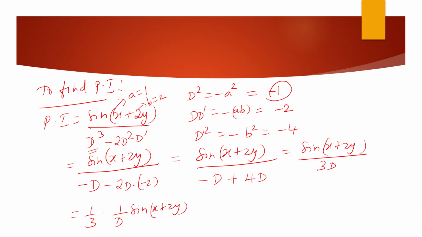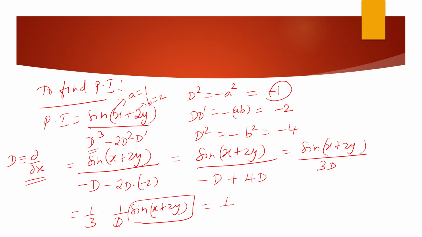We know that d is dou by dou x, so 1 by d is integration. This is partial differentiation: if d is in the numerator, we have to differentiate the function partially with respect to x. But here d is in the denominator, so 1 by d is integration. So we are going to integrate this function with respect to x partially.